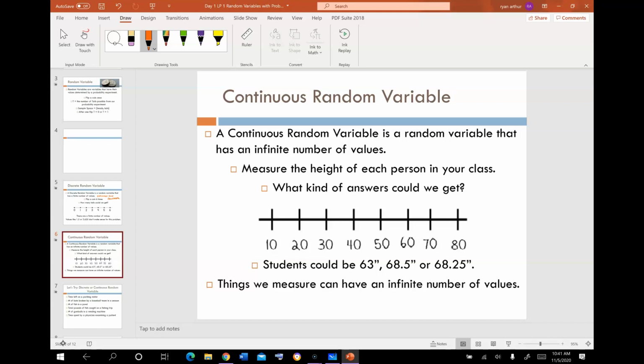Because you can't measure height exactly. Another thing you can't measure exactly is your age, all right? Yeah, I'm 34, but technically I'm 34 and 11 months. So we always round things in society, but actually they're very continuous, okay?